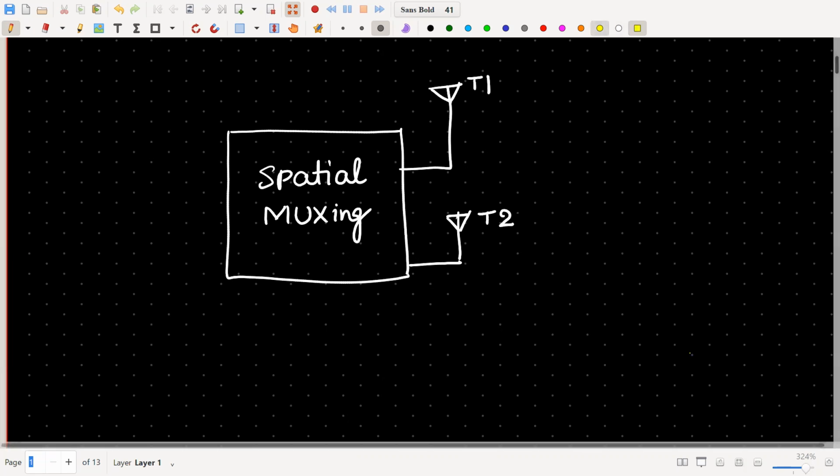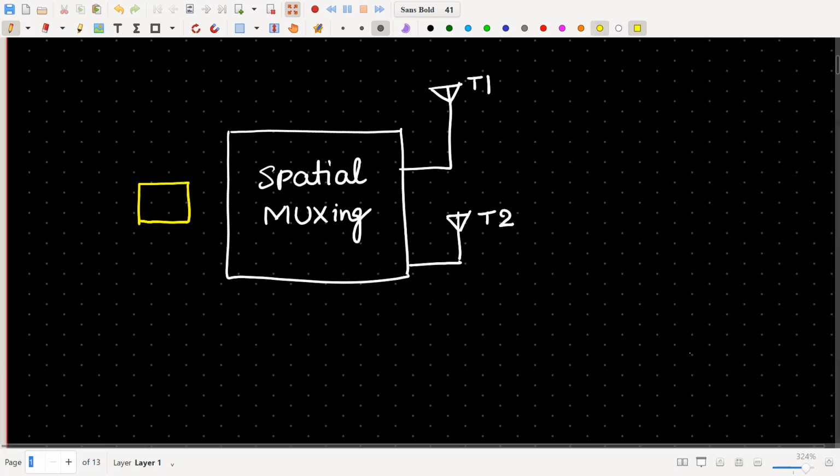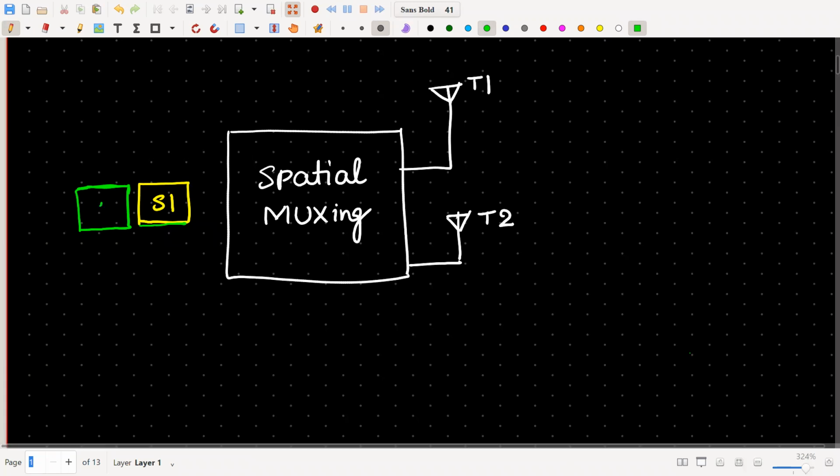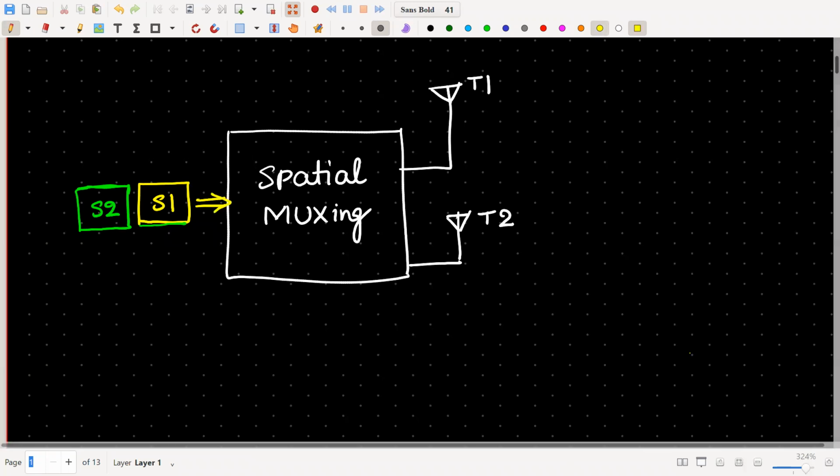Again I have two symbols in a queue. Symbols are arriving at a faster rate at the input side, so we can demultiplex these two symbols for these two antennas at a lower rate. So these are the S1, S2 symbols you have, and you are inputting these two symbols.